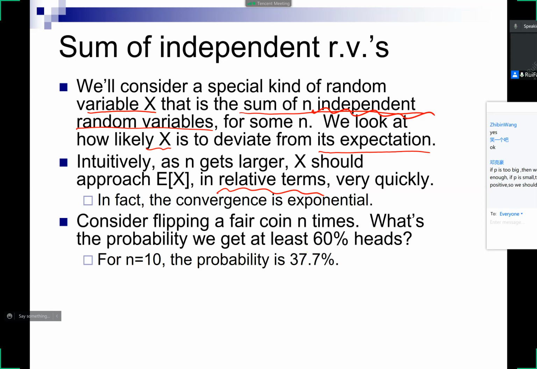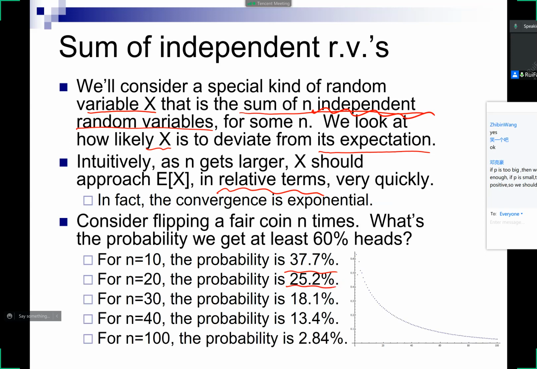If you look at a small n, say n equals 10, what's the chance you get at least 6 heads? That's actually a pretty high probability, 38%. But if you make n larger, the probability decreases. Once n gets to around 100, you only have about a 3% chance of getting more than 60 heads.